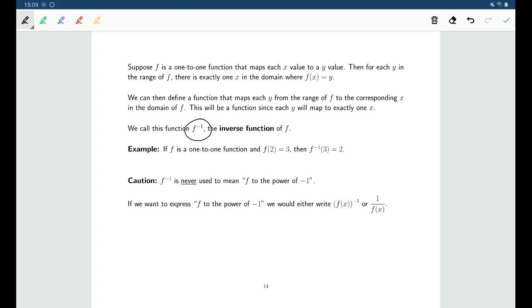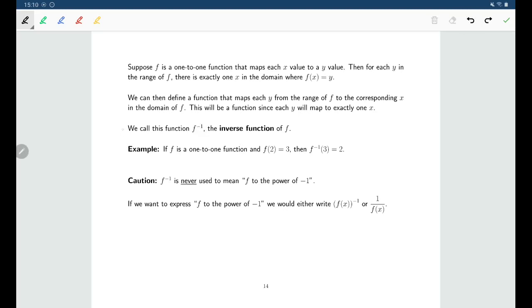A couple of things just as far as notation goes. So just one key point here, even though it looks like this might be an exponent, it is not. So when you see f with a little -1, a function with a -1, that's not the reciprocal of f. This is not f to the power of -1. It is f inverse.